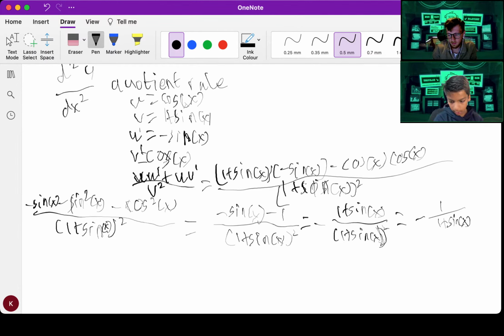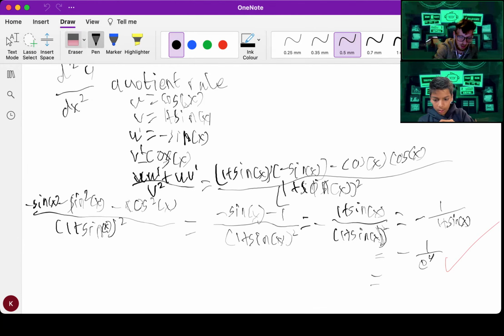so 1 plus sine x, that's just e to the power of y. Well spotted. Good. So then that's minus 1 over e to the power of y. And now it is a function of y. That's really good. Yeah, I think you probably found the challenge question easier than all the other questions.